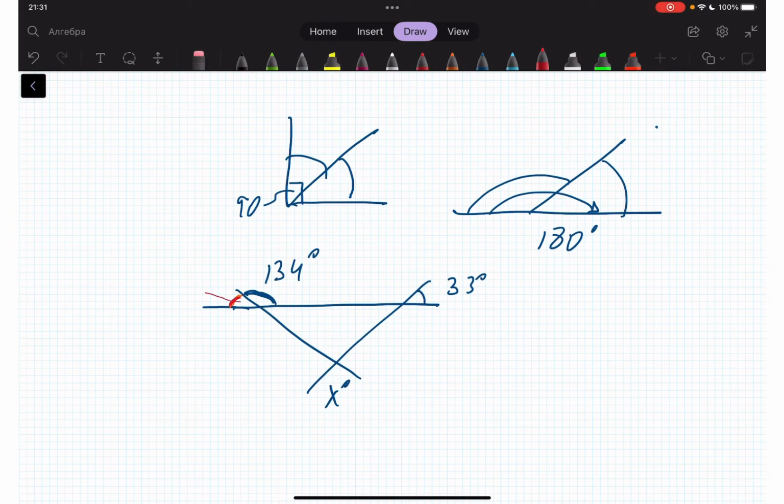So this angle is going to be equal to 180 degrees minus 134 degrees. How much is it going to be? 180 minus 130 is 50 degrees, 50 minus 4 also, it's going to be 46 degrees. So this angle is 46 degrees.